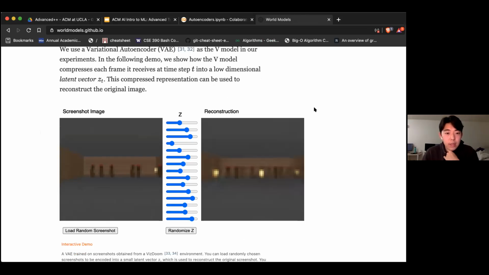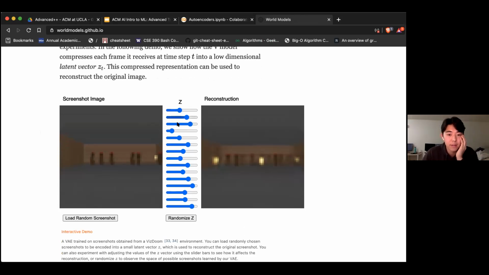There's actually a cool widget that allows you to play around with these different vectors within this latent space. We can see that these are similar, but if we tweak this one, maybe this vector is representing a fireball coming toward you, or I don't know, a bullet.